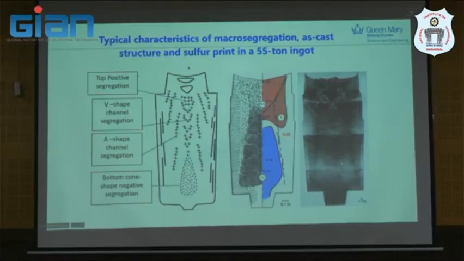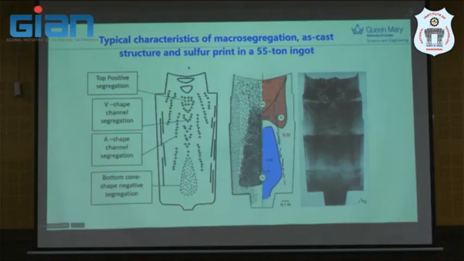Macro segregation is uneven element distribution on the macro scale of the ingot. It's an undesired effect of solidification, and it's difficult to eliminate by downstream processes such as forging and heat treatment.